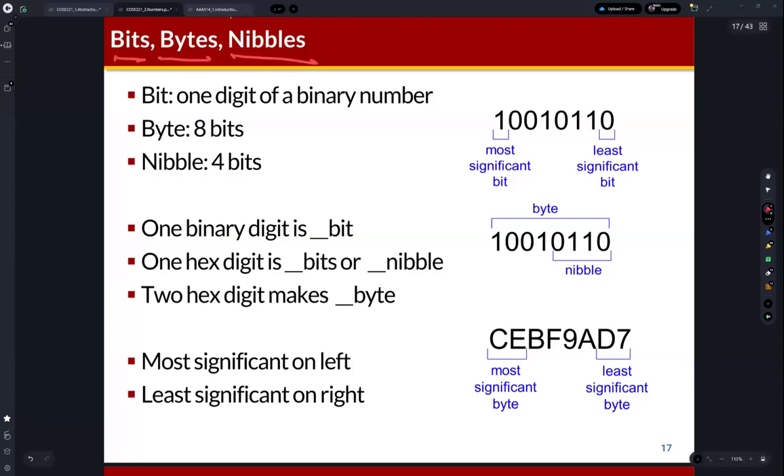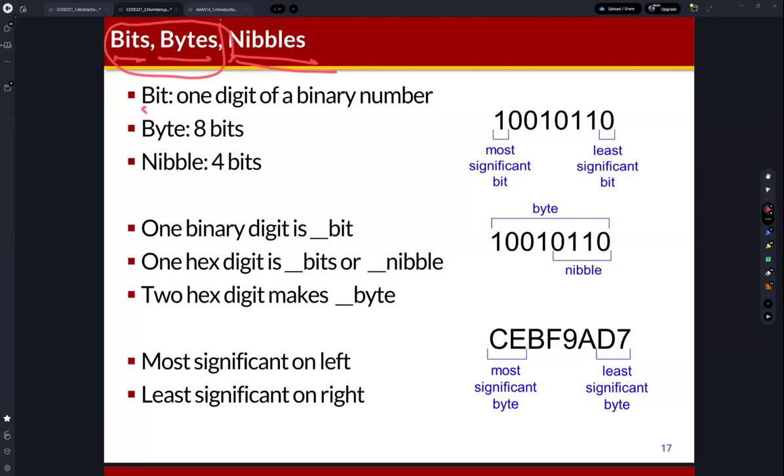I believe you are familiar with bits and bytes. We frequently use them to represent the size, or number of digits, of binary data or binary numbers, and sometimes we use nibbles. So just memorize these definitions.